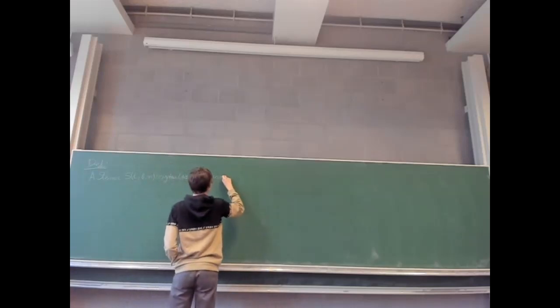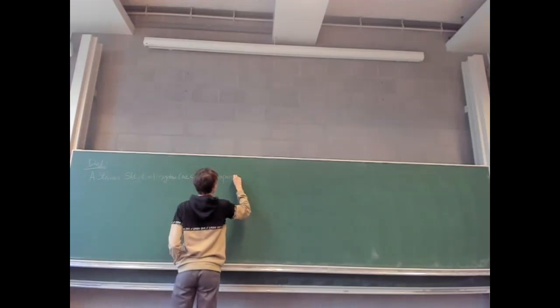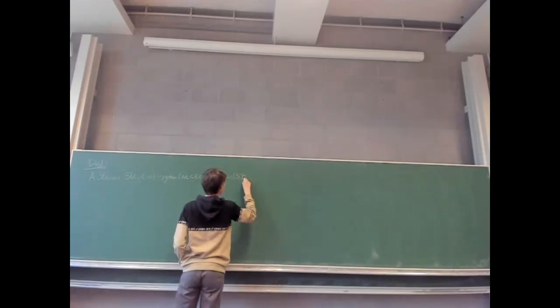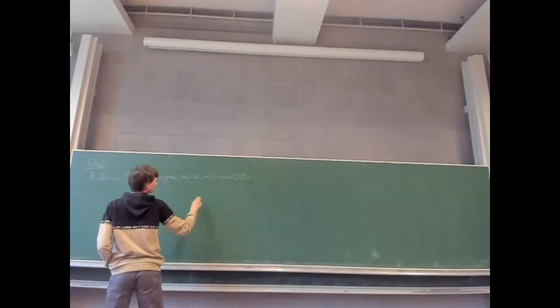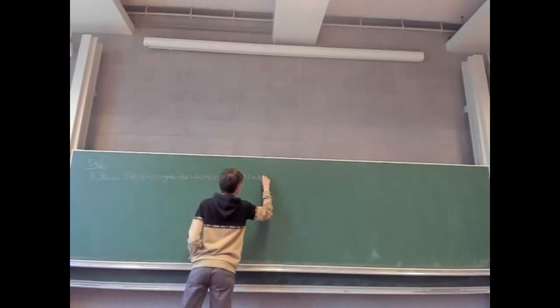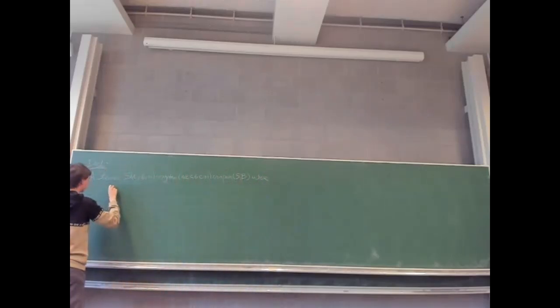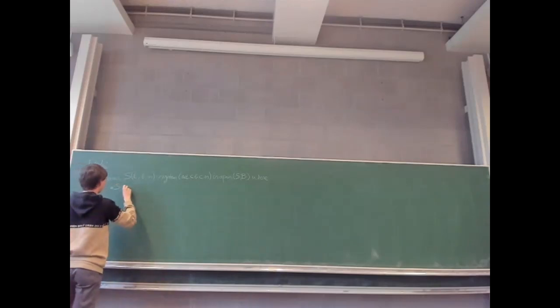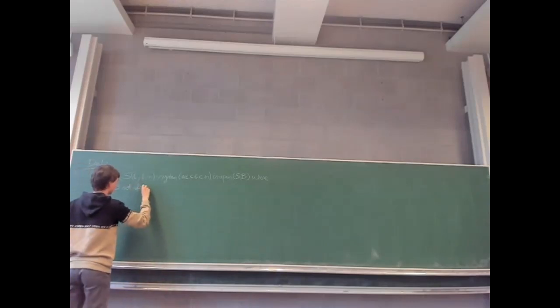Such a Steiner system is a pair (S, B), where firstly S is just a set of n elements.